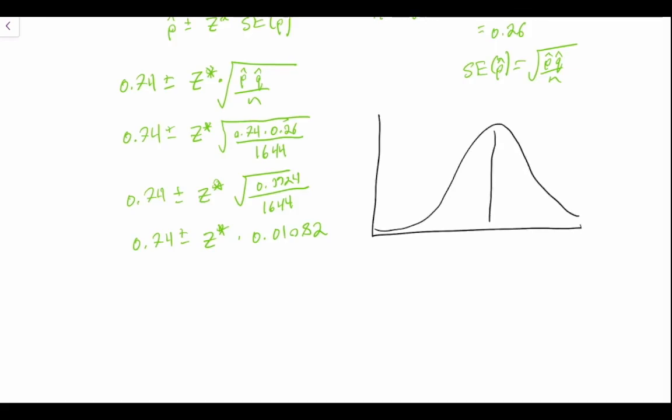Our standard normal curve is centered around 0, and what we're looking for is the region with 98%, which means that we have 0.01 in each of our tails, right?